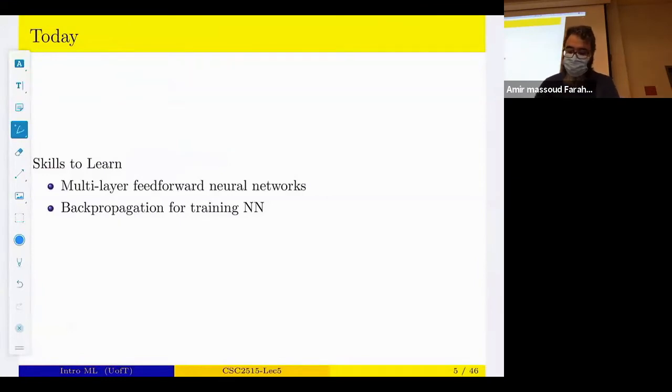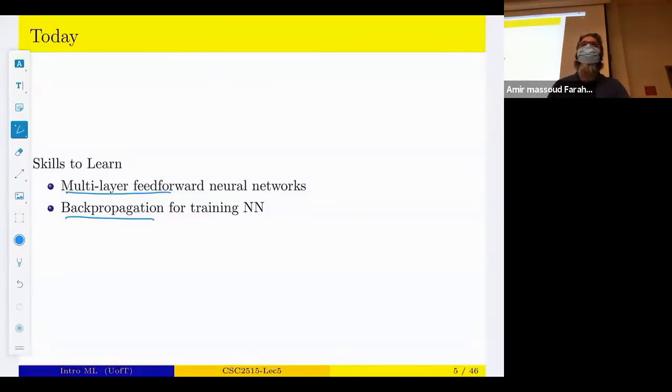Okay, so what is important for this lecture, I don't think we can finish it, is mostly focusing on one type of neural network, called multilayer feedforward neural networks, or multilayer perceptron networks. We will also talk about how to train them through an algorithm called backpropagation.